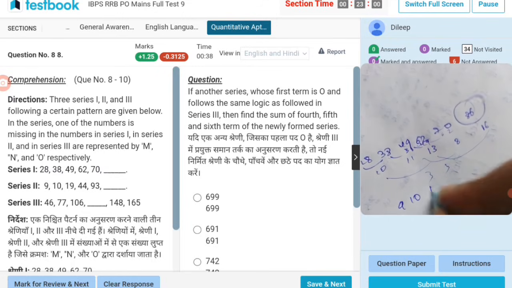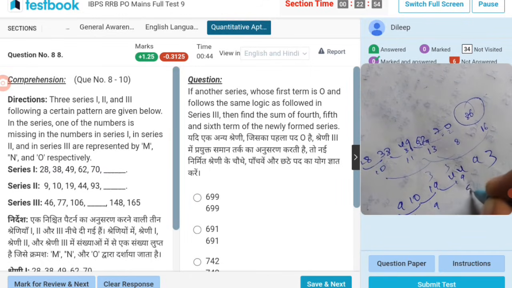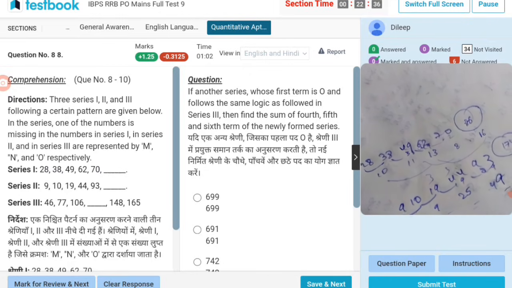So 9, 10, 19, 44, 93. 1, 9, 25. 1357 and T1 4 and 74.